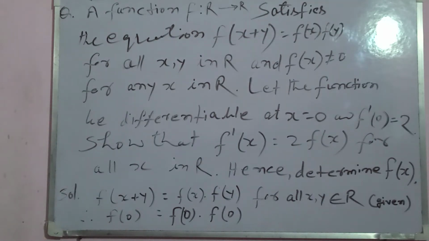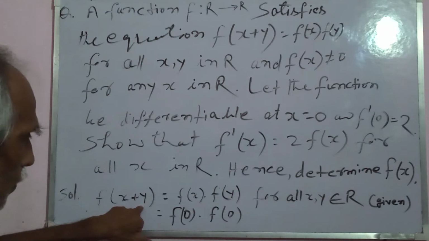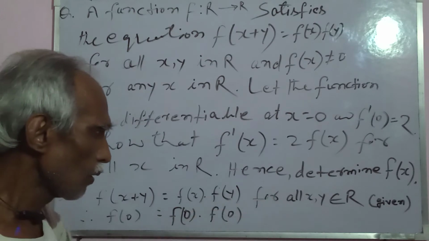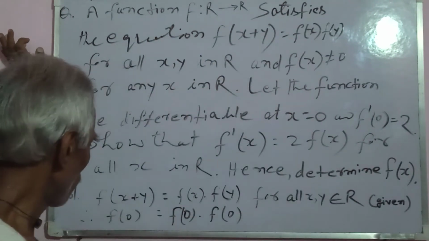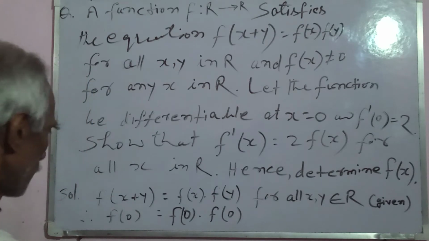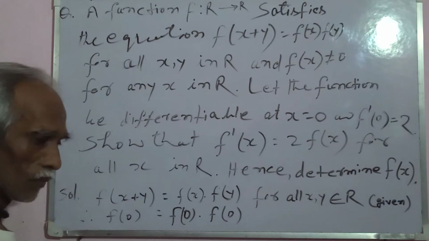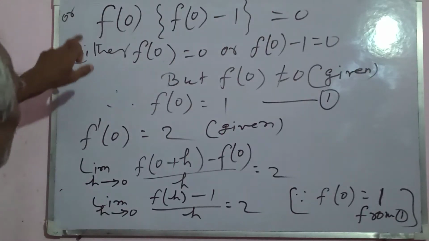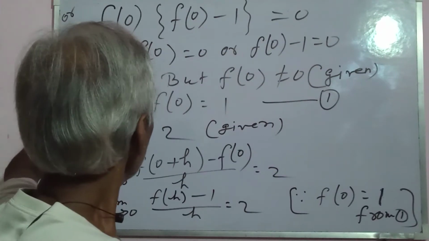And for the solution, we start from here. f(x+y) = f(x)f(y) for all x, y belongs to R. This condition is given. Therefore, f(0) = f(0)f(0), or f(0)(f(0) - 1) = 0.